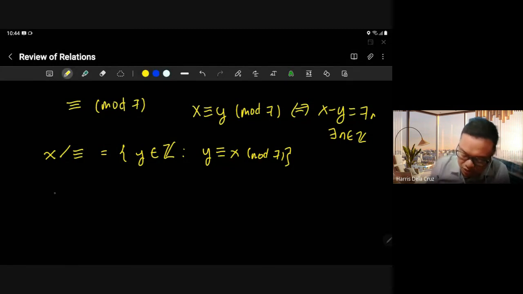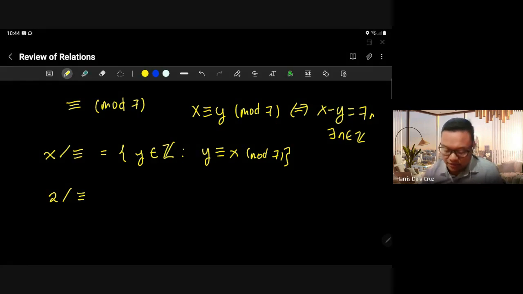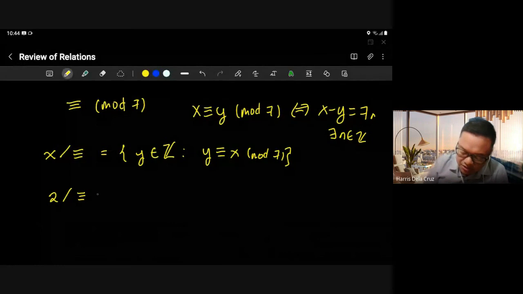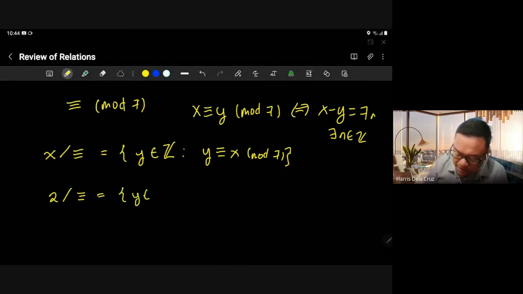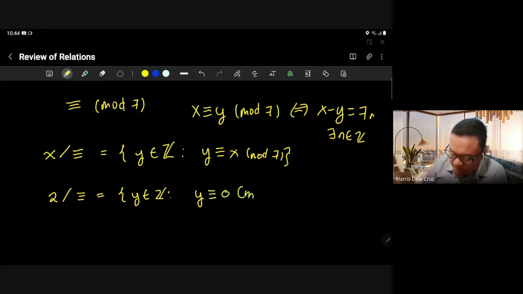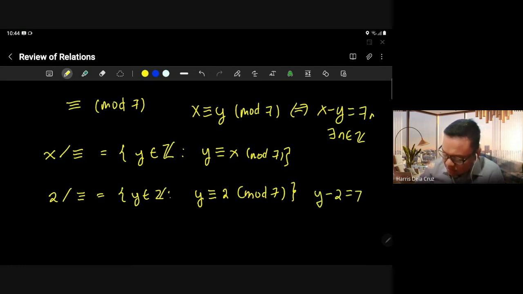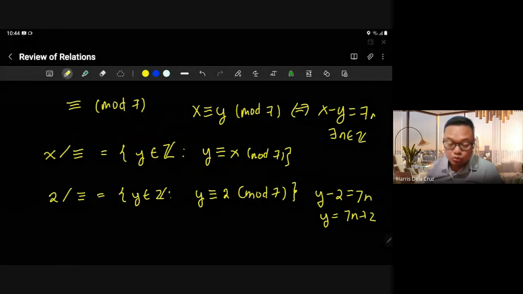So, for example, 2 over modulo relation. Ano ibig sabihin nun? Ang hinahanap natin ay lahat ng y such that ang y congruent sa 2 mod 7. So, ano laman nung 2 over modulo relation? Ang laman niya, lahat ng y minus 2 equals 7n. Meaning, lahat ng y na equal sa 7n plus 2. Yun yung laman ni 2 over modulo relation.